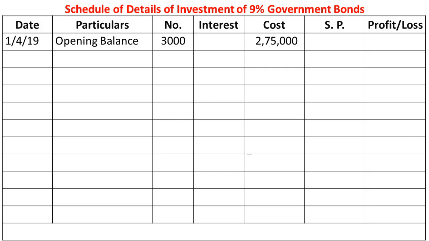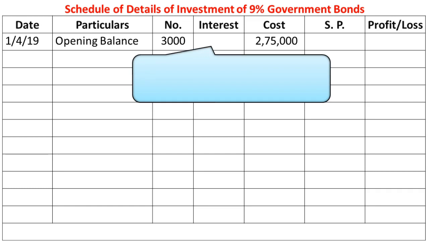Here we need to calculate the accrued amount of interest, which is also called outstanding interest. To calculate outstanding interest, we have to take the nominal value, which is 3 lakhs. How does this 3 lakh come? 3,000 multiplied by 100 face value per bond, so it becomes 3 lakhs.